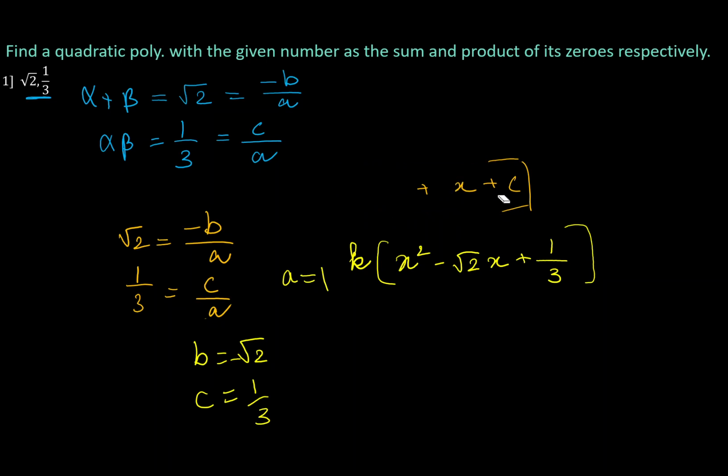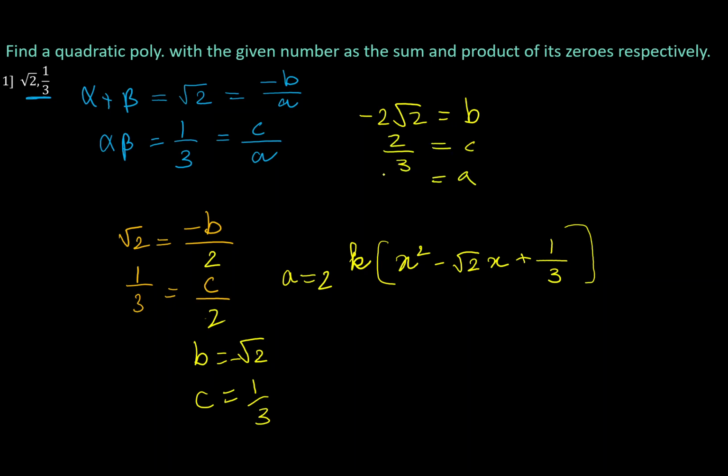I'll erase this. Say if a was 2, we're taking a as 2 this time. Now what's going to happen is, if you notice, we're going to get minus b as minus 2 under root 2, so that's b, and our c will be 2 by 3 and our a will be 2, right?